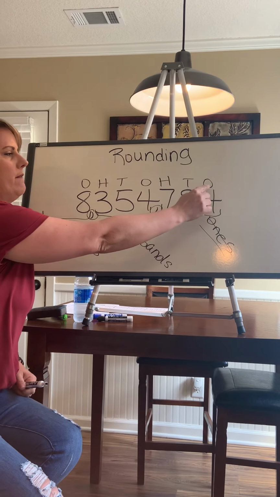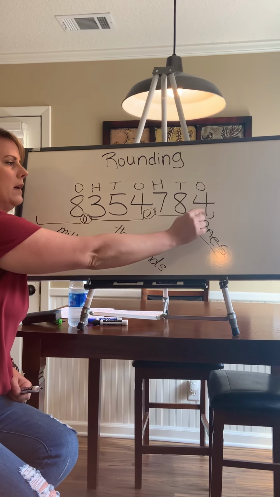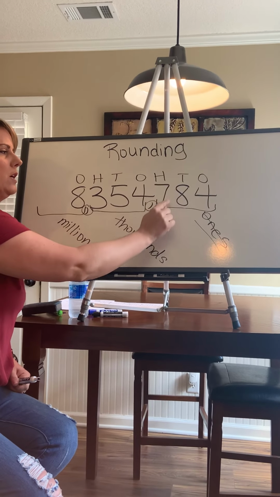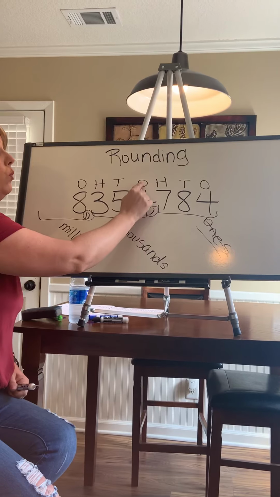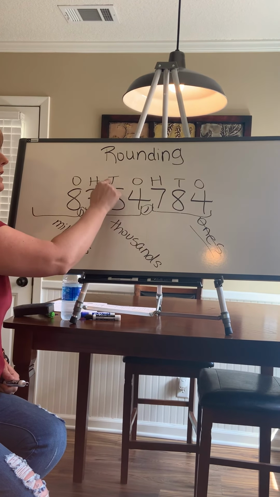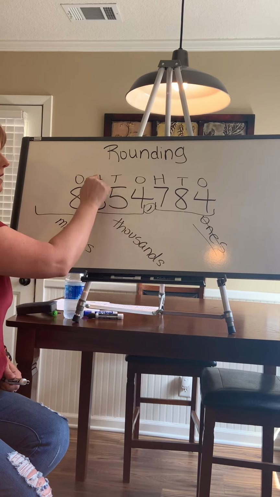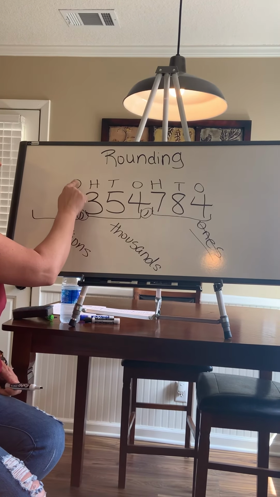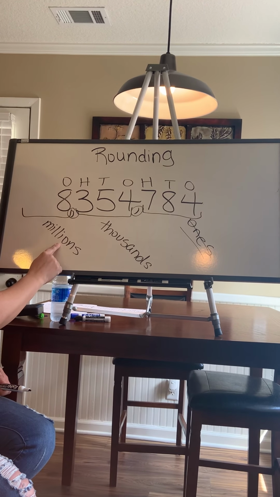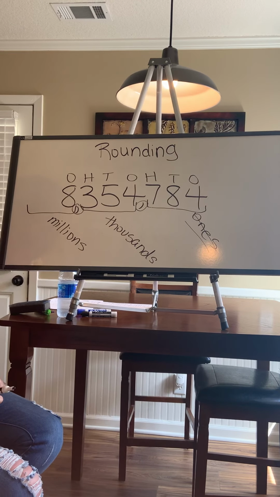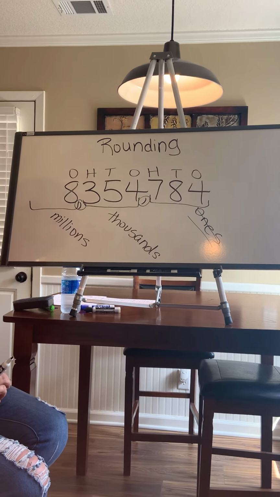So when I have this O, I know this is the ones, T, tens, H, hundreds. This is not just the ones, it's the 1,000, 10,000, 100,000. This is not just the 1, it's the 1,000,000. Okay, so these help me know what place these digits are in.